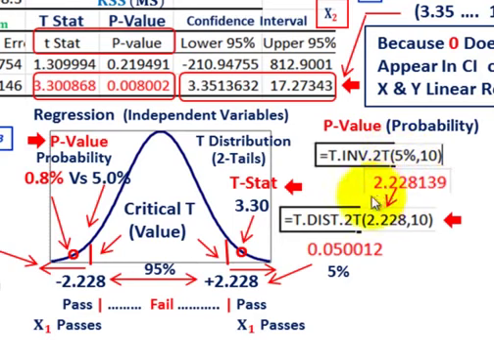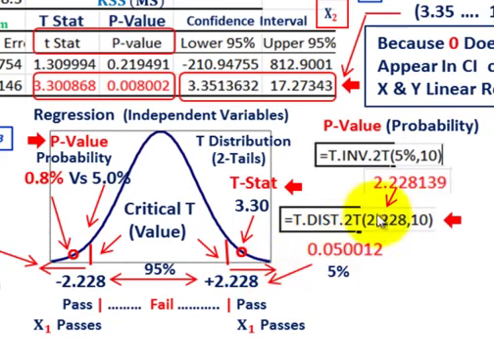Well, we would put that into another Excel function, equals T.DIST.2T, and put that t-value cutoff of 2.228, put in your degrees of freedom of 10, and this is where you're going to get your percentage, 0.05, so 5%. So that 5% corresponds to the t-distribution cutoff value of 2.228.